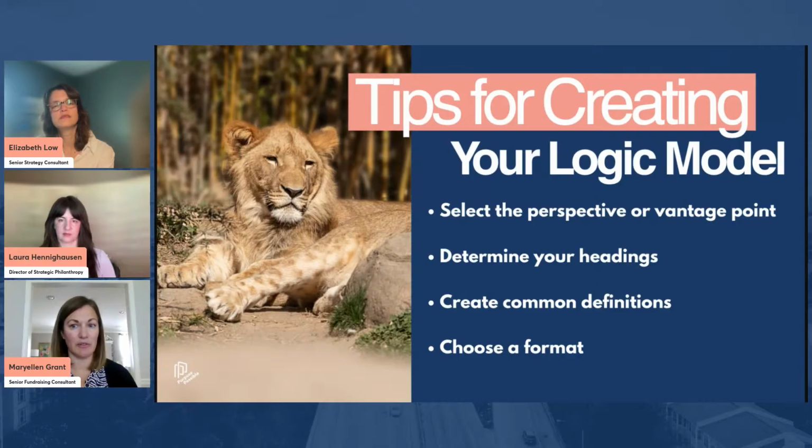Tables and flowcharts are definitely the most common formats. I've also seen some really creative formats that include symbols, shapes, or concept maps. I had one client who fit the entire logic model into the shape of an apple. Whatever you choose, just make sure the reader can easily follow from one category to the next, connecting all the dots. Today, we're going to use the table format because it's the most common and I find the most straightforward.